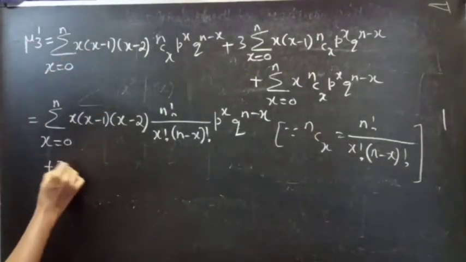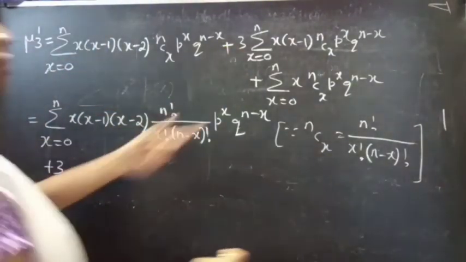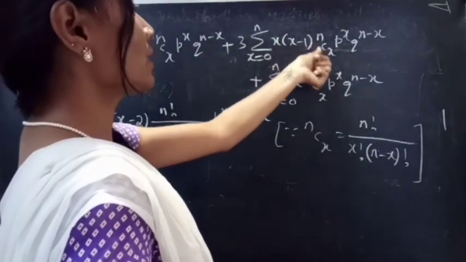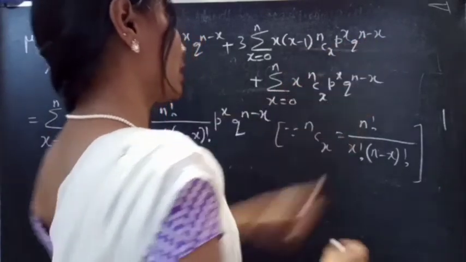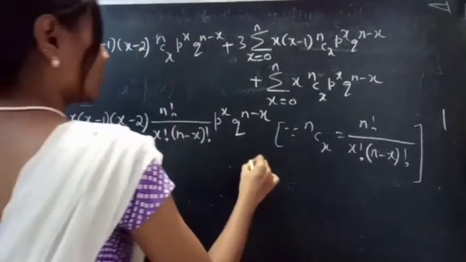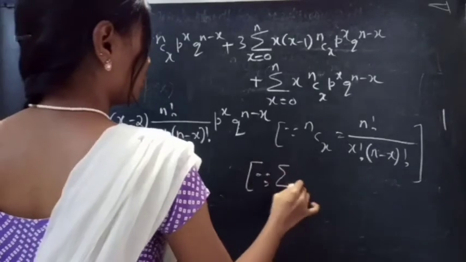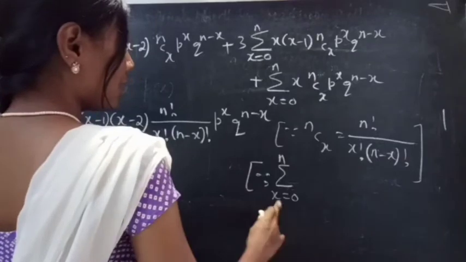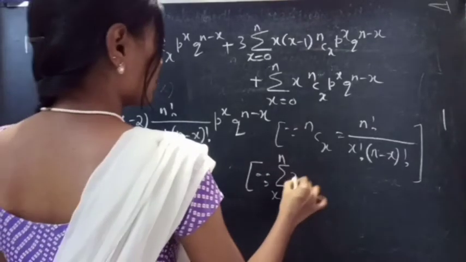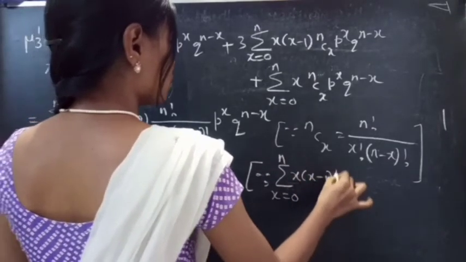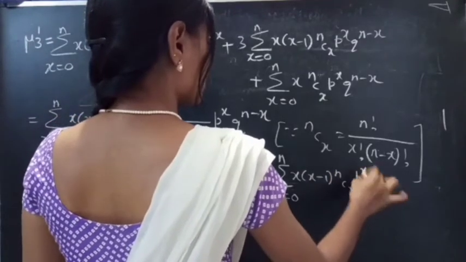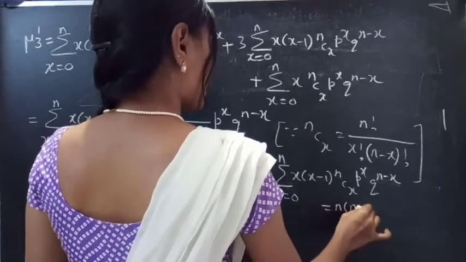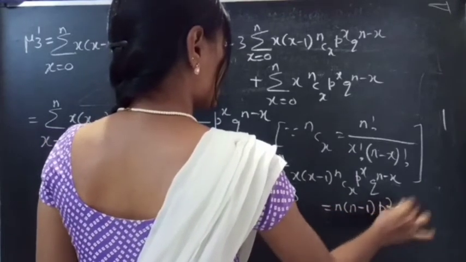plus 3 into, see here you are having summation x equals 0 to n x into x minus 1 into nCx into p power x into q power n minus x. Since by mu2 dash you'll have summation x equals 0 to n into x minus 1 into nCx into p power x into q power n minus x equals n into n minus 1 into p square.